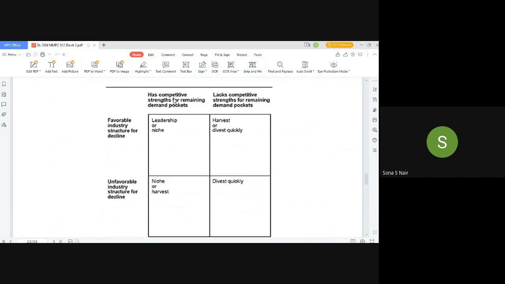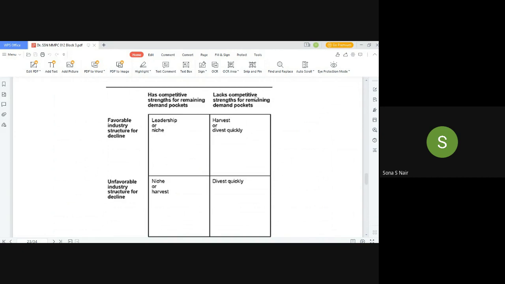Now, if the organization has strengths in the marketplace and is in a favorable industry structure, they will go in for a leadership role in the declining industry, or they will move backwards into a niche. A niche would be a small pocket where they would cater to their demands.